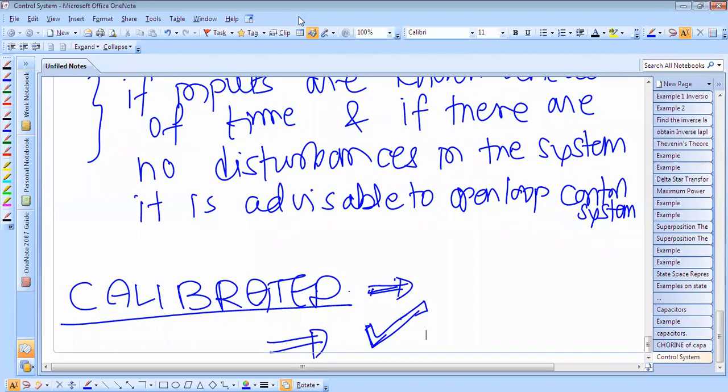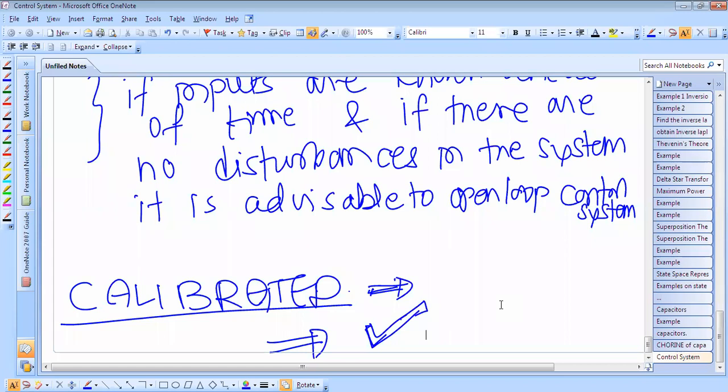There is always a question: what do you mean by open loop and closed loop control system, and therefore we have to define them. The open loop system is one in which the control action is independent of the output, okay, and in the closed loop system the control action of the controller is dependent on the output of the system. Therefore we have to draw the block diagram of the open loop and closed loop control system.